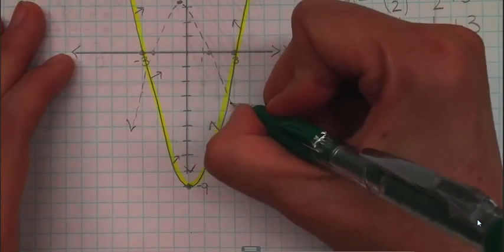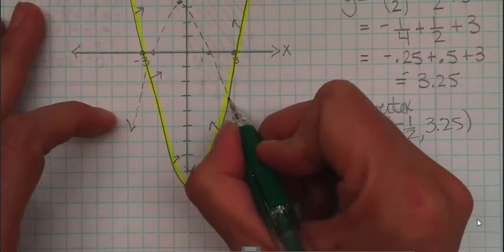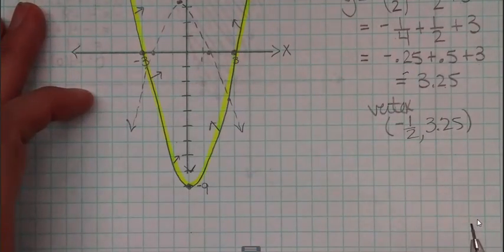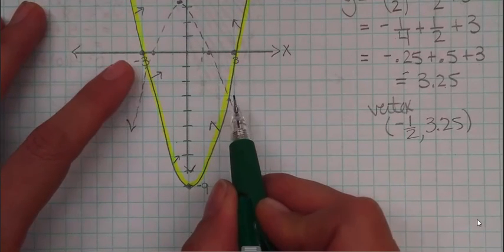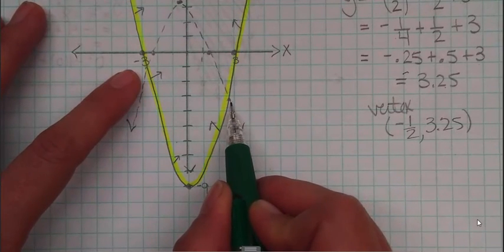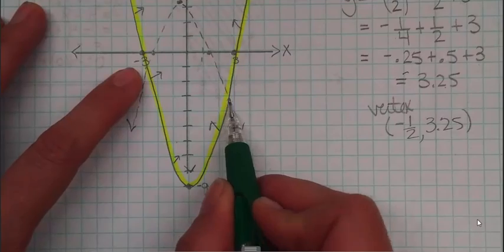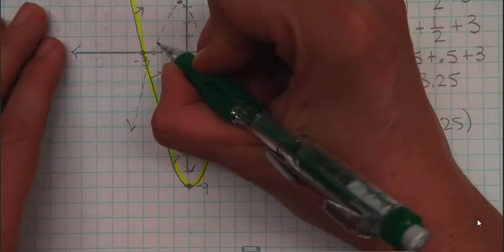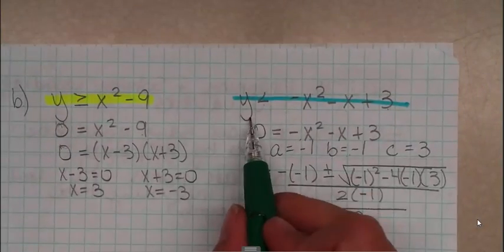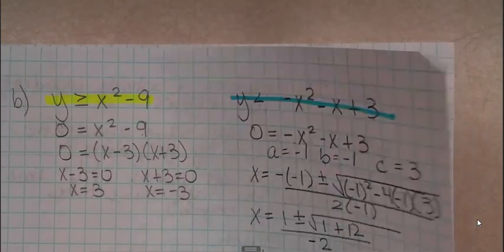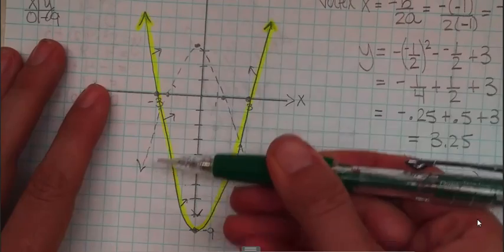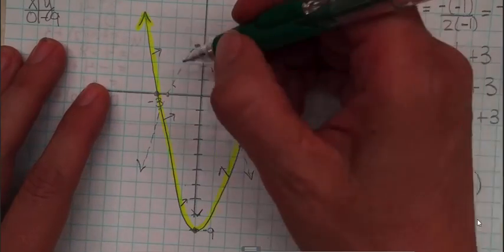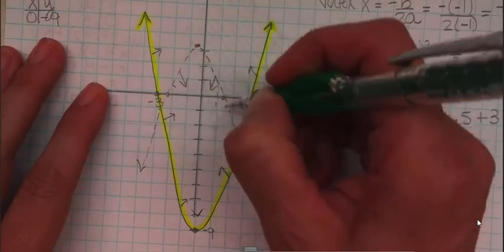You can find these exact points of intersection on your graphing calculator. If you were to graph both of these equations and calculate the intersection, you could know where these points are. Okay? All right, so I'm going to be shading, let's see. So y is less than, so that means I want all y values that are smaller than where this thing crosses the y-axis. So I'm going to be shading down now.